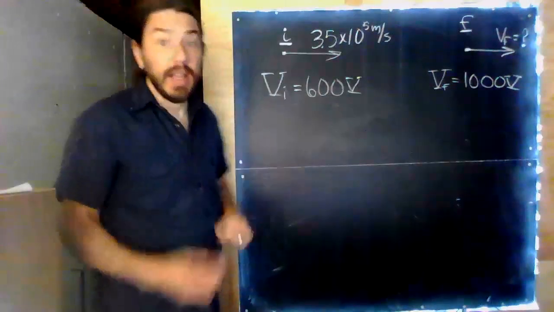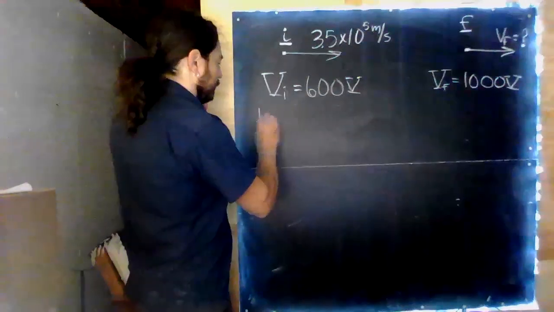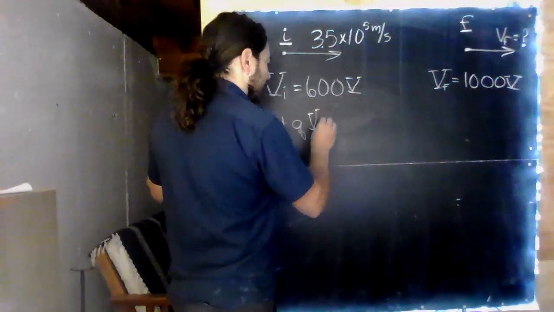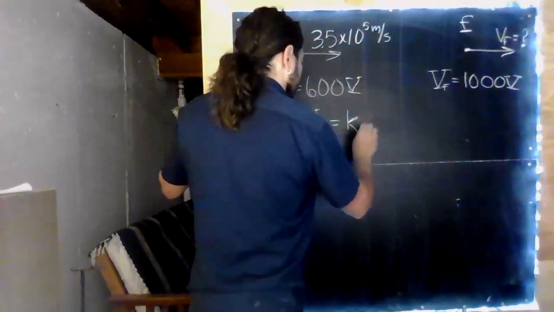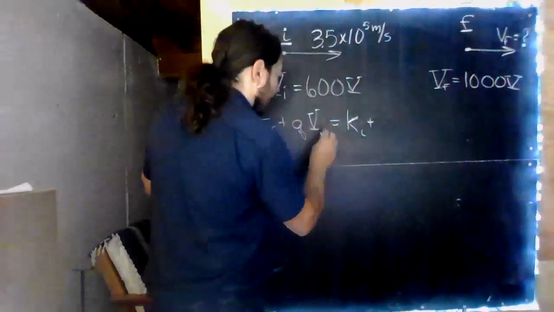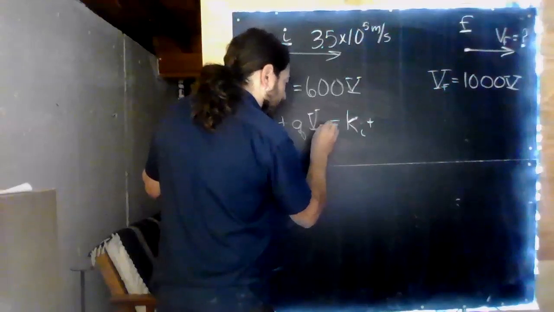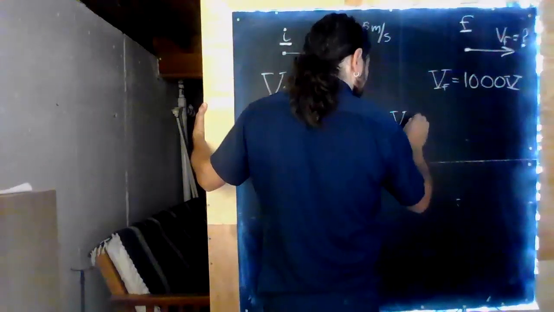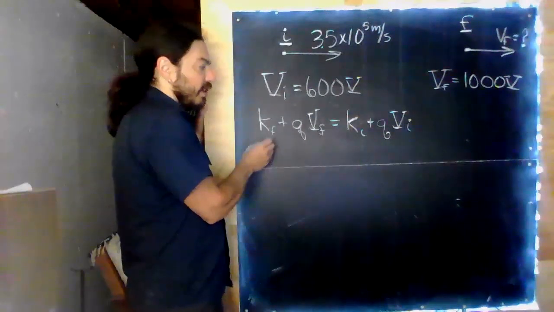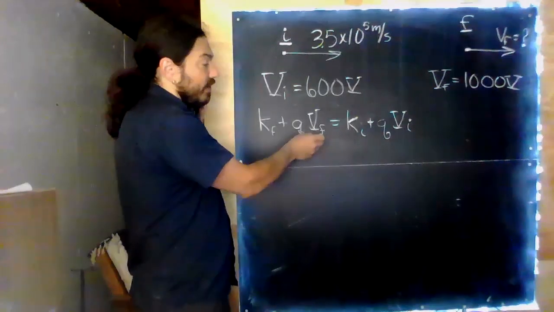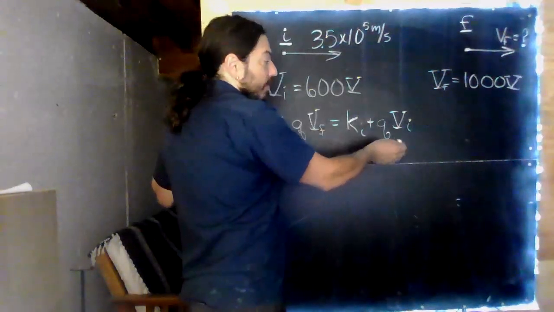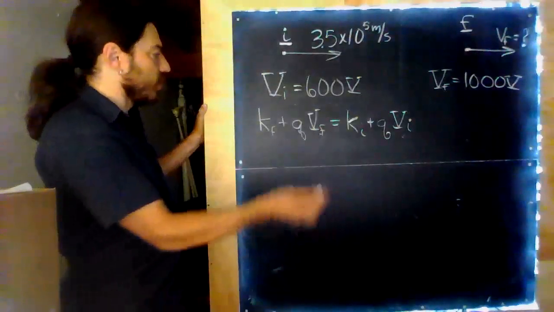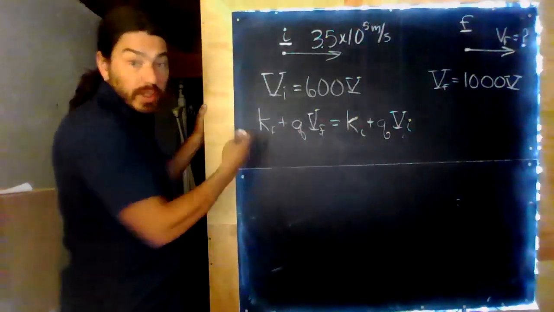Okay, so now we're going to apply the conservation of energy equation. Final kinetic energy plus Q V final equals kinetic energy initial plus Q times the initial potential. Now what we're looking for is, of course, in the final kinetic energy, we're looking for the velocity.